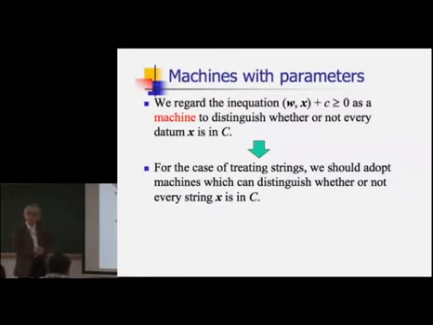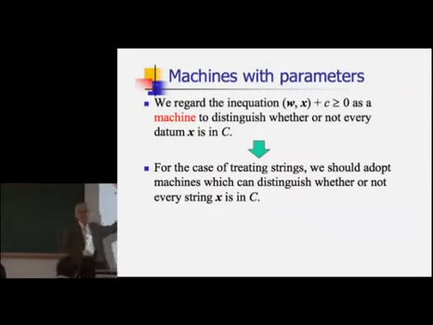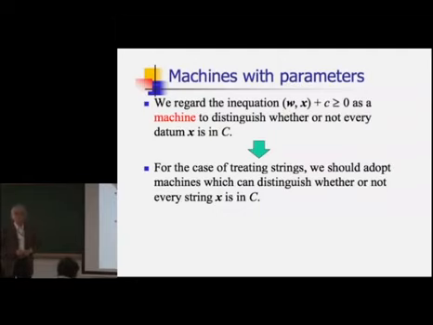That machine is a mechanism to distinguish whether or not every data X is in C or not. Okay? So this is a machine. And more precisely, these parameters work as a program.